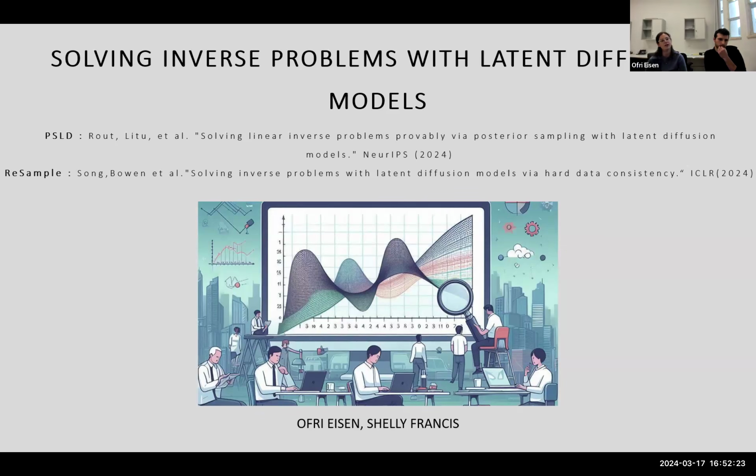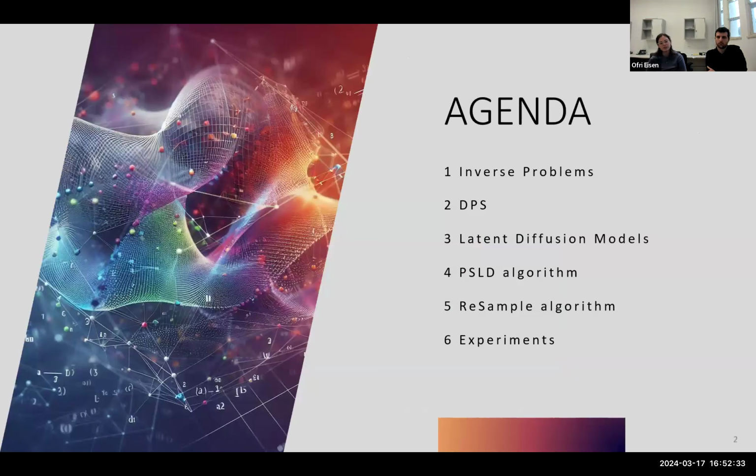The PSLD paper was published in NeurIPS, and the ReSample paper was published in ICLR. First, we'll discuss what inverse problems are, what DPS is, and what latent diffusion models are, because both PSLD and ReSample solve inverse problems with DPS in the latent space. Then we'll show some experiments from both papers.